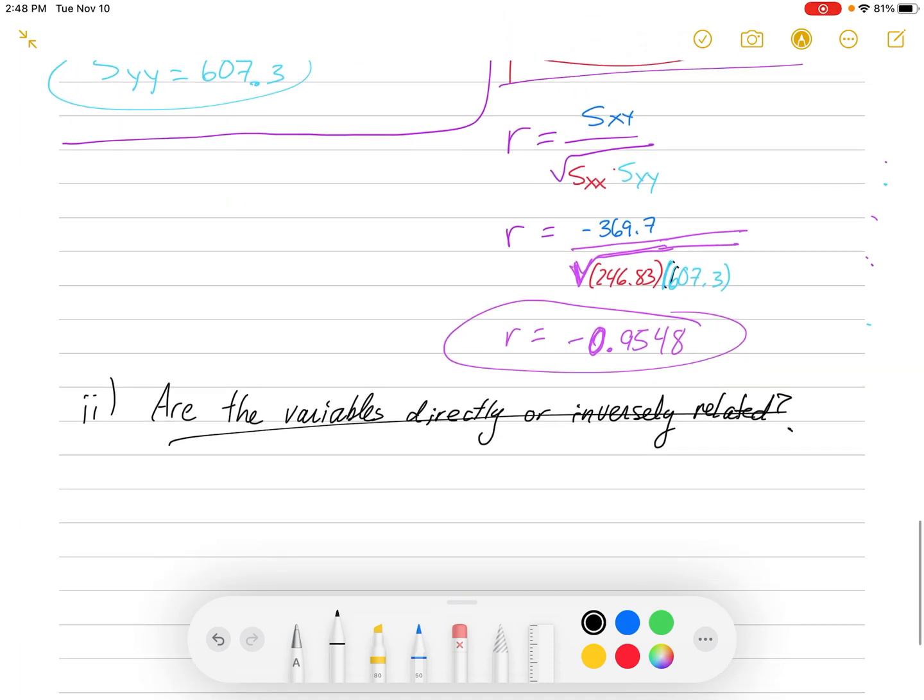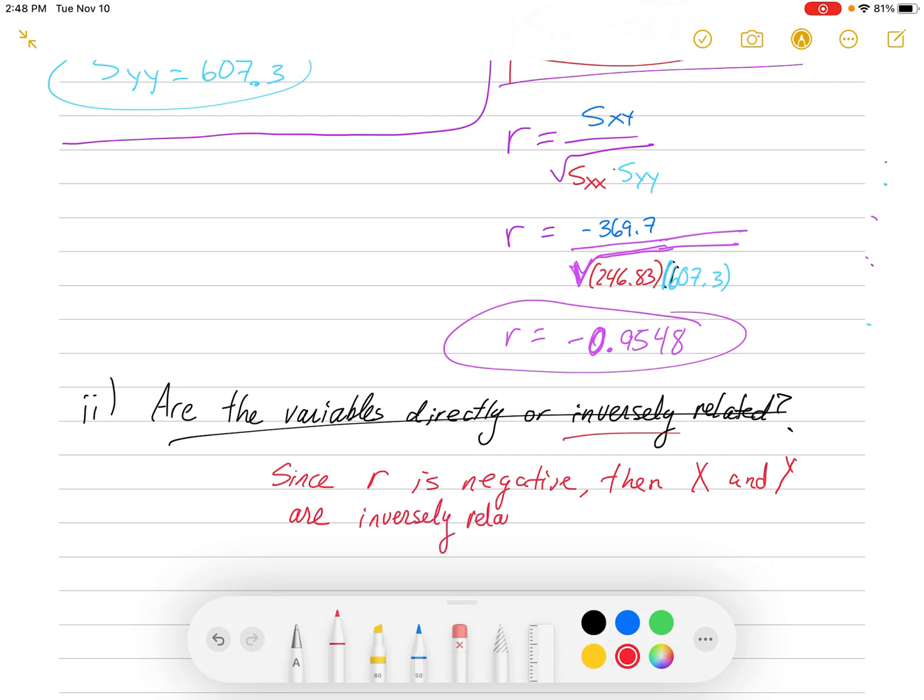Well, because it's a negative coefficient, inversely. Since the correlation coefficient R is negative, then X and Y are inversely related.